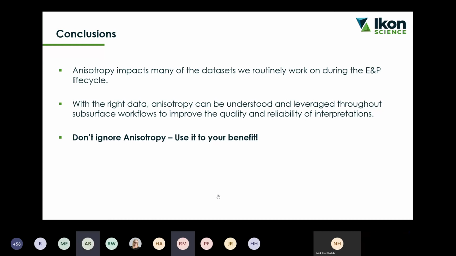Hi, Nick. Can you hear me now? Yes. Hi, Nick. Thank you so much for a great presentation. I really enjoyed that. I was wondering if you can help me with a query. Anisotropy can be measured at different scales, as you suggested in one of the slides. We can certainly measure anisotropy when we evaluate processing or even at the log scale. But surely, as I see it, the results from different scales will introduce biases in any analysis we do henceforth.